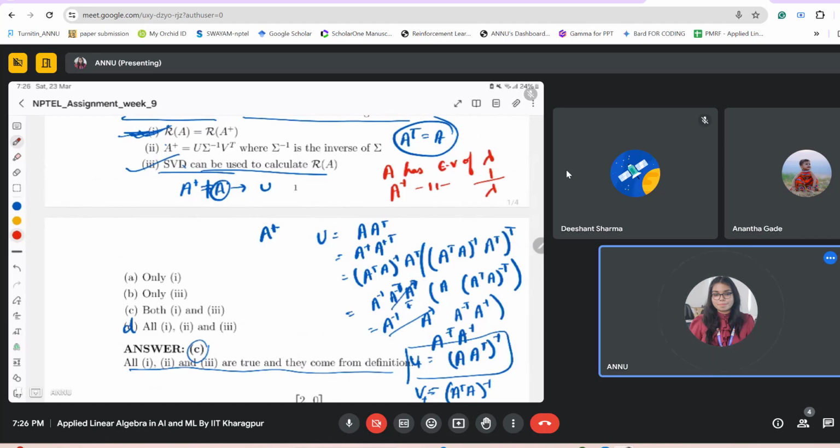The rest, the eigenvectors, are the same eigenvectors. Similarly, if A has singular value decomposition with sigma, then A positive will have singular value decomposition with sigma inverse, and the rest, the eigenvectors, are the same.